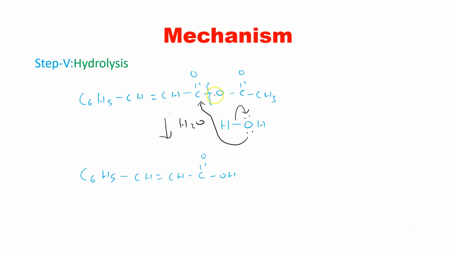The carbon oxygen bond will break, and the lone pair of electrons from an oxygen, as it breaks, will be transferred on an oxygen, and one of the lone pairs of electrons will be utilized for the bond formation with a hydrogen. So we get a cinnamic acid plus we get acetic acid as the byproduct.